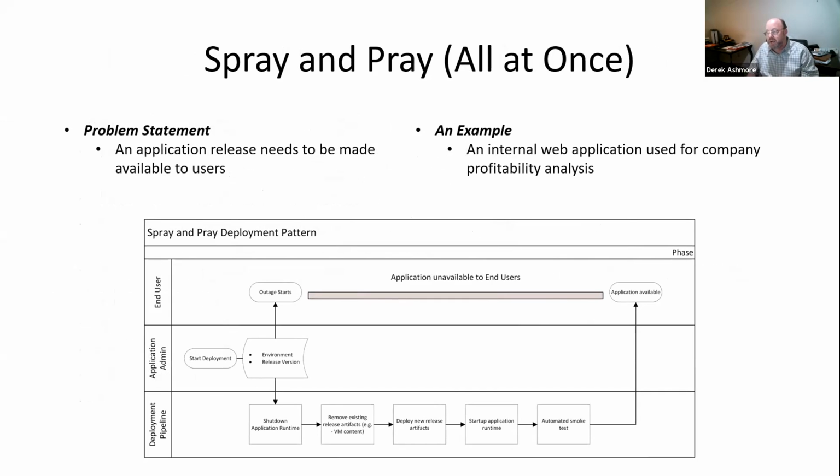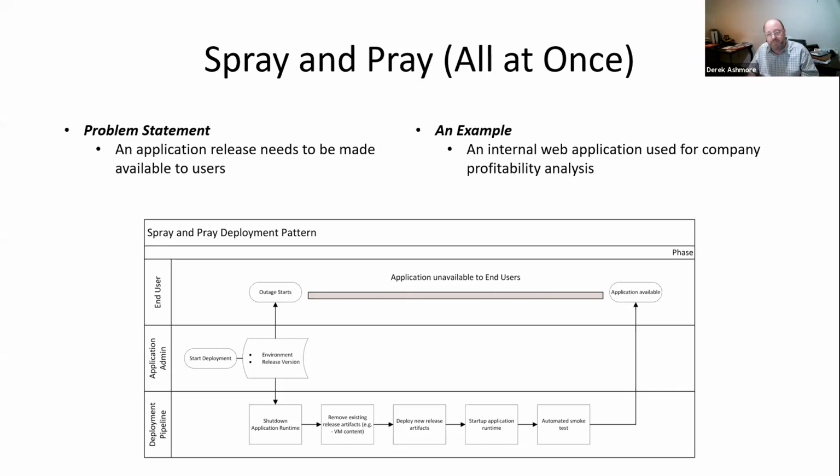All right, spray and pray or all at once. Essentially what happens is you declare an outage, somebody runs a pipeline, it shuts down the application, it removes existing artifacts that are currently running, and deploys new copies of them. So you're going to remove version 1, put out version 2, start the application at the end.